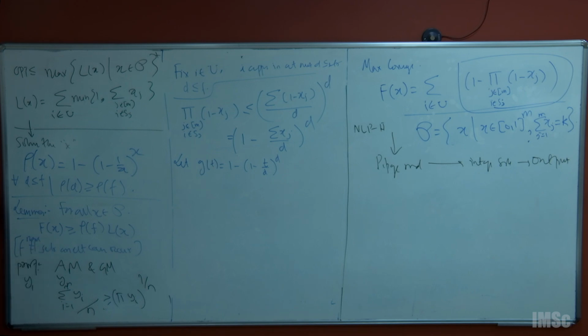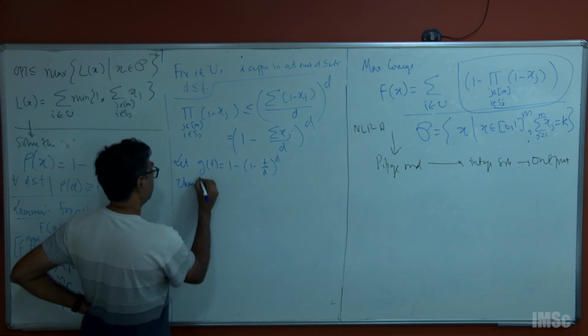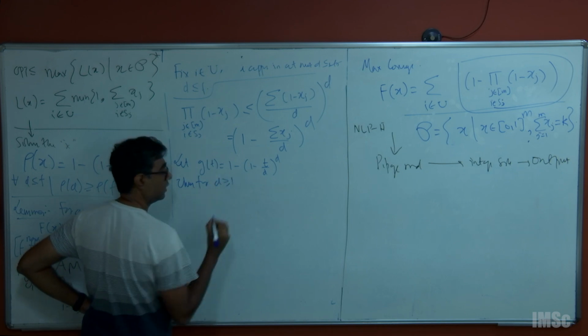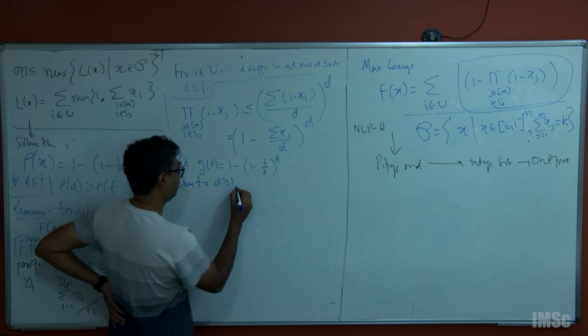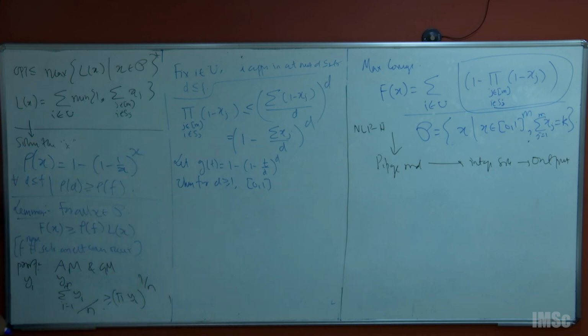So, let us take g(t) equal to 1 minus (1 minus t/d) to the power d. You will see why I am fixing this. Then for d greater than or equal to 1, and you are in the interval 0 comma 1.